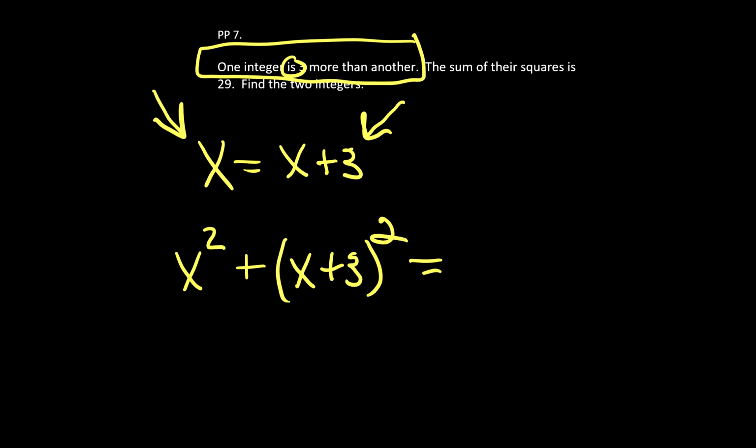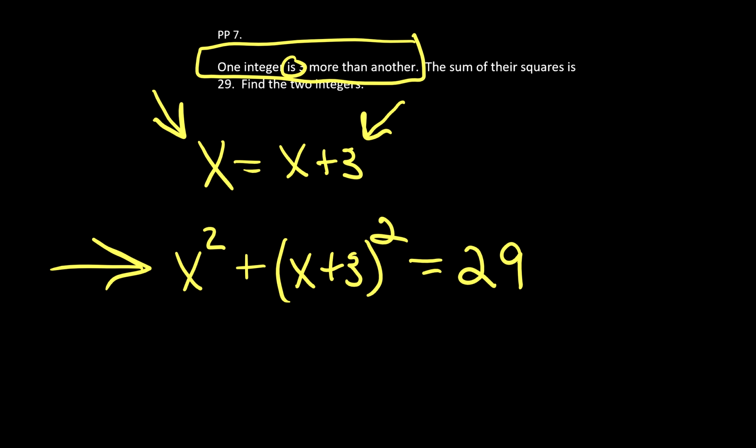And that is 29. Find the two integers. All right, so I've got x, one integer is 3 more than another, then the sum of their squares is 29. So this now is our equation.